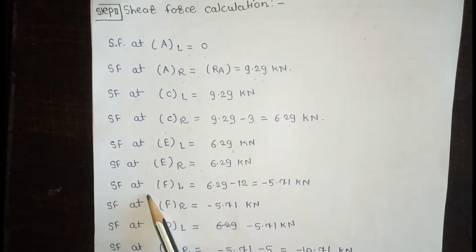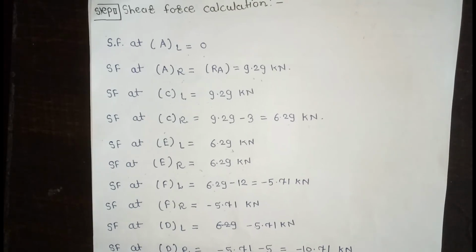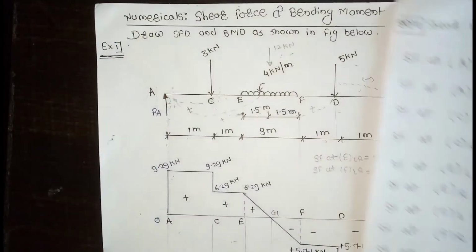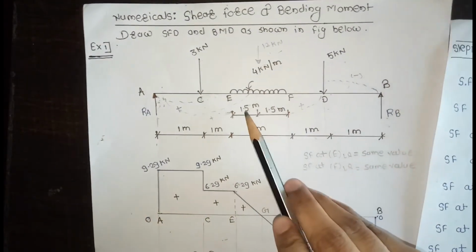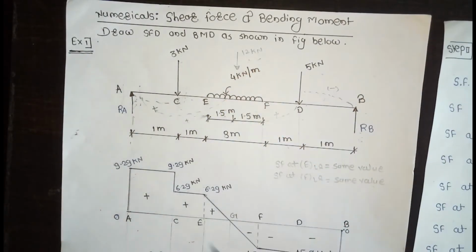Then shear force at F left. At F point, there is only one force, that means the 12 kilonewton force.